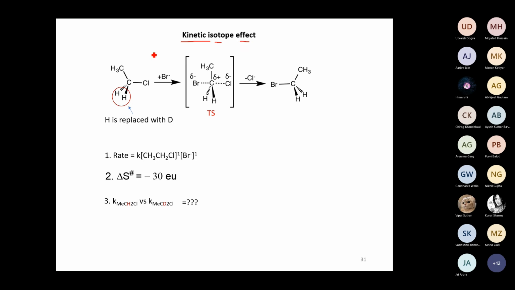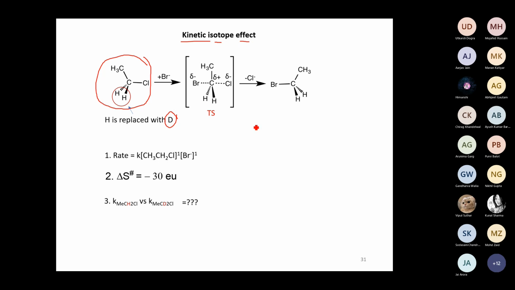In a starting material like this, you have two hydrogens here. If you replace the hydrogen with its isotope, deuterium, that is quite easily available, right? This is one of the easiest available isotopes. In my lab, I can show you deuterium oxide, D2O.